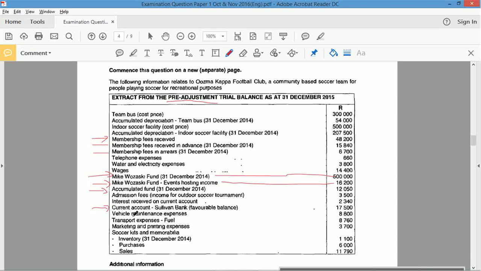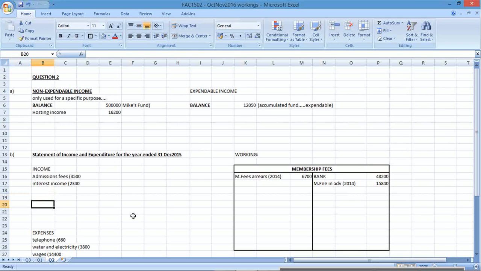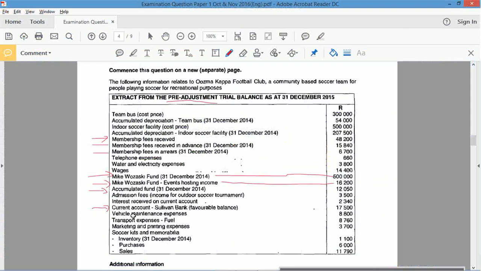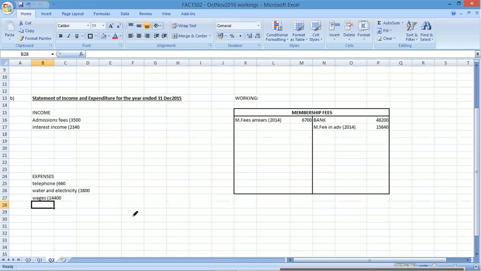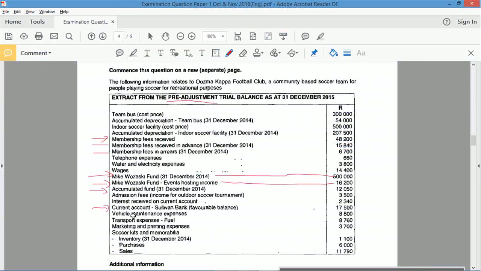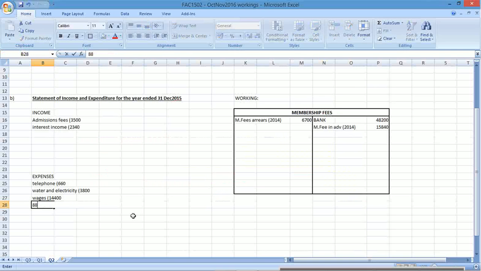Don't need it. Vehicles maintenance expenses, so it must be an expense, yes. How much? 8,800. Next, transport expenses.